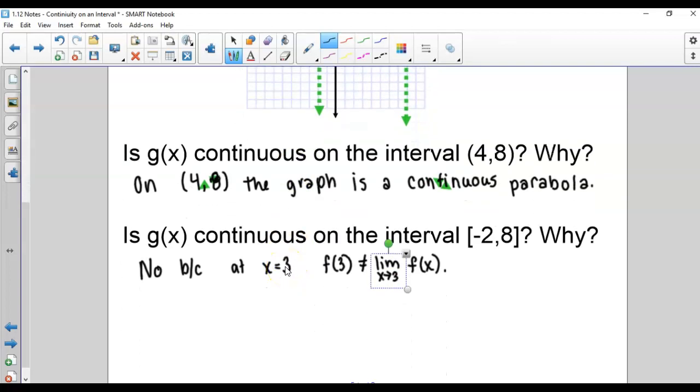But whenever you do have a point of discontinuity, think of those 3 things. You have to have f of c exists, the limit as x approaches c of f of x exists, and they have to equal each other. So think of which one of those is not true, and that'll be your reason for those. Okay, questions?